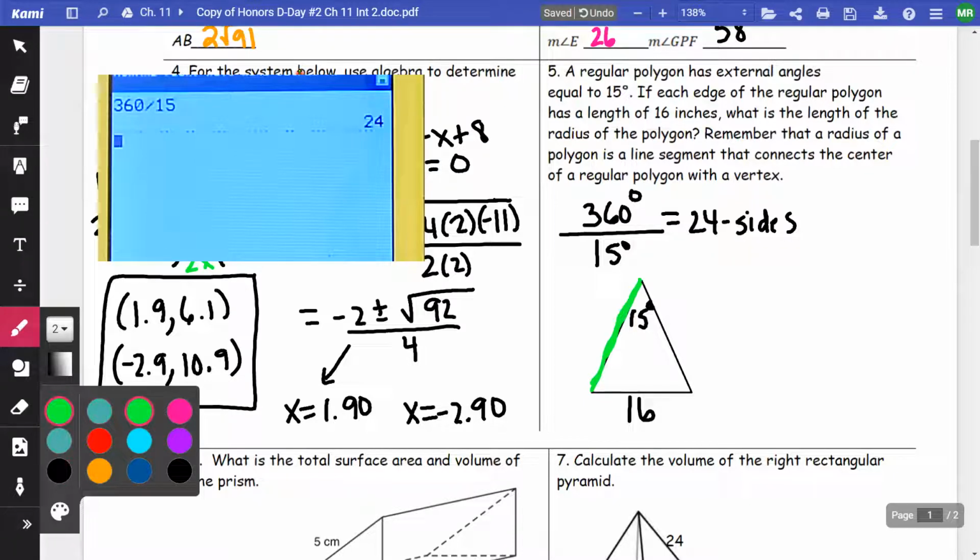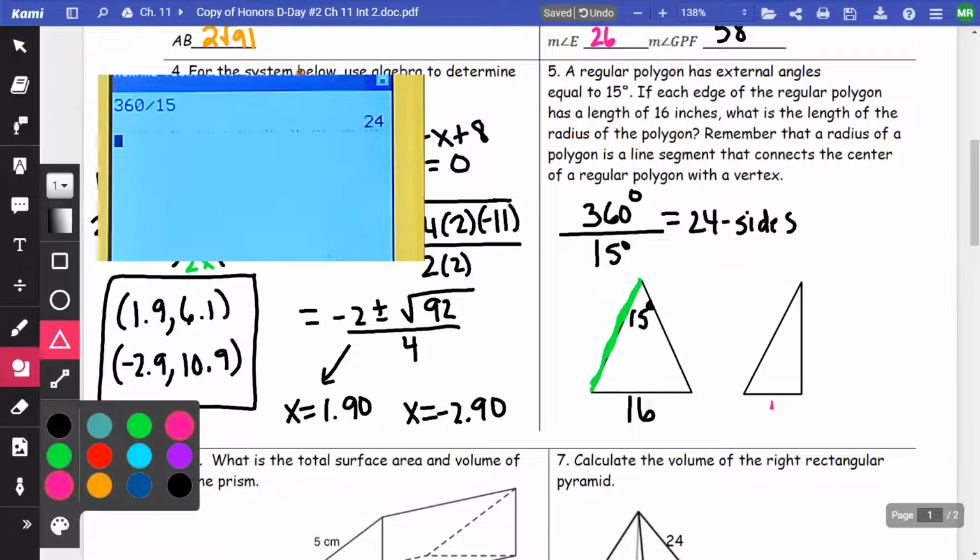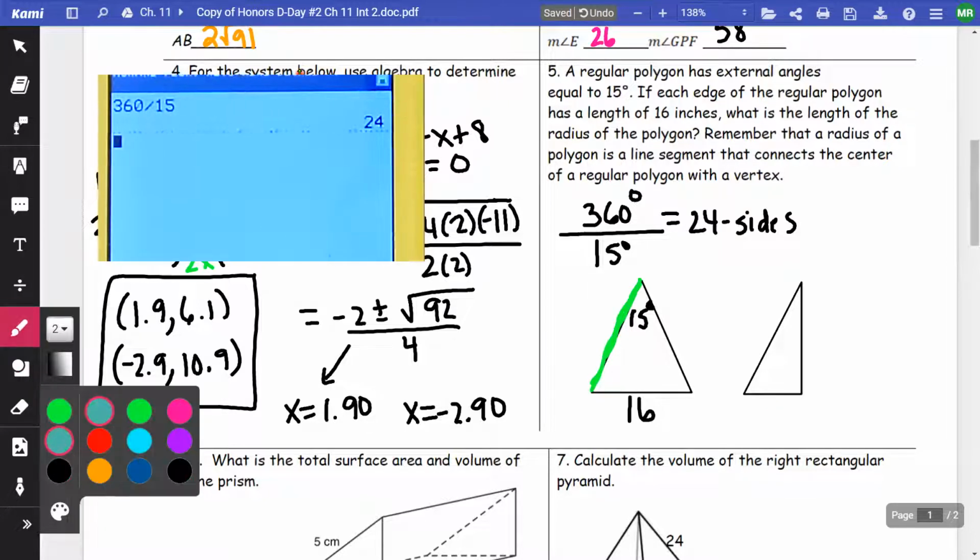So I am going to have a right triangle. This is going to be an 8 from here to here. I want to find this length. Let's just say I call it X. And that angle, which was 15, is now going to be 7.5 degrees.